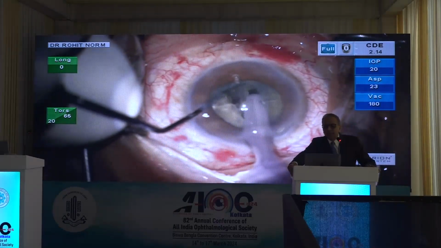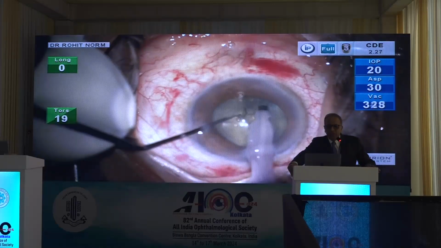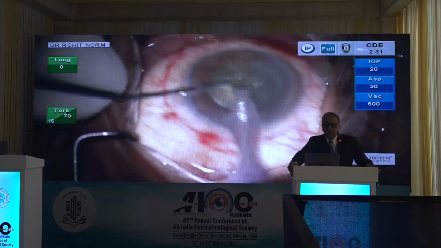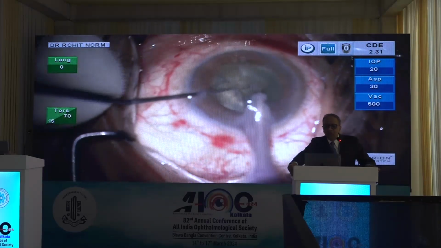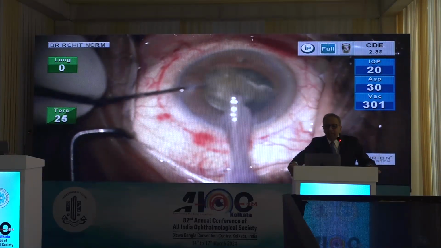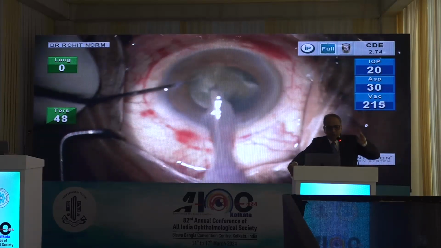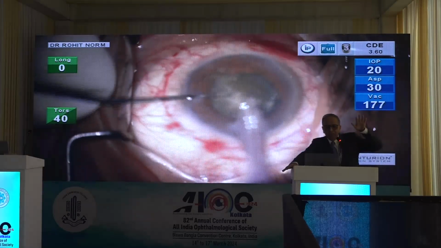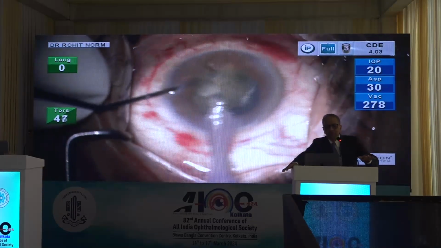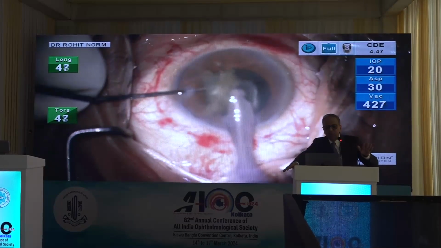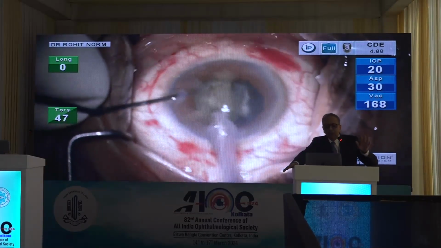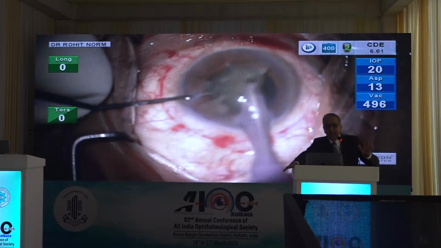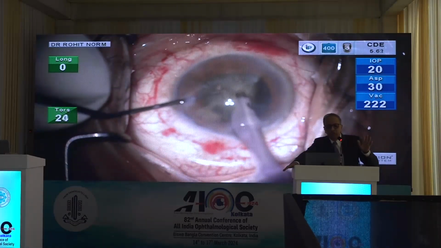Once this complete separation of the nuclear fragment is done, I know that the posterior capsule is going to be exposed. So this low IOP is helping me because there is less fluid being infused into the anterior chamber. There is less posterior bulging of the posterior capsule, as has been shown by Vasavada, that with an intact capsule, you can have an anterior hyaloid phase rupture if you use high fluidics.